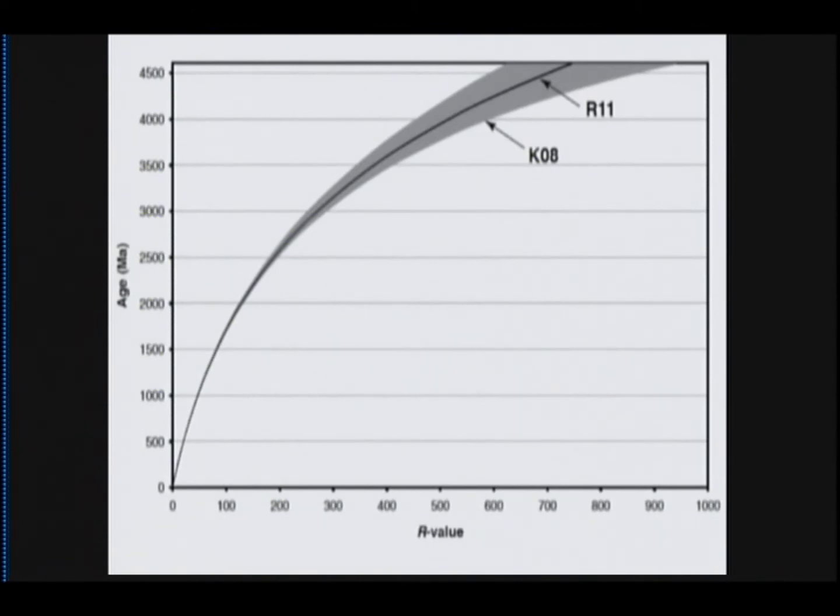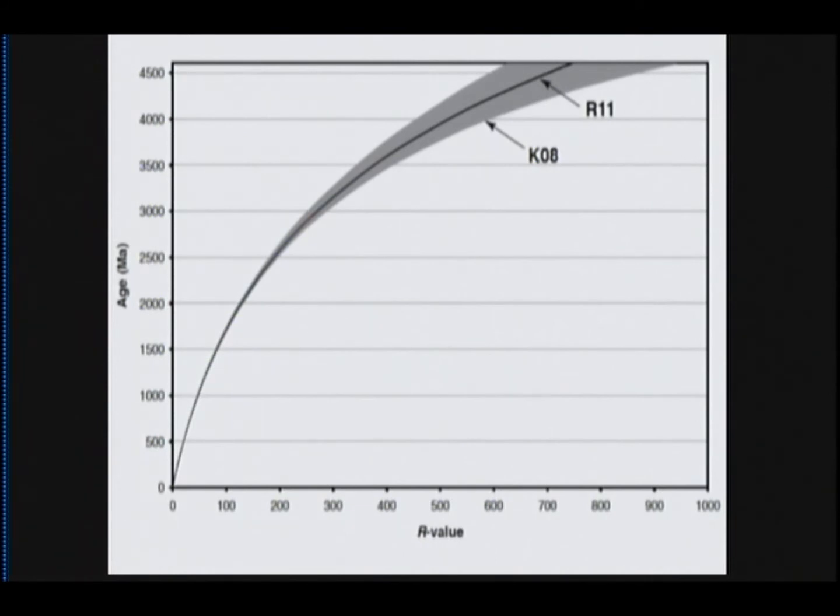Here then is a summary of the comparison between this orbital tuning or astronomical tuning calibration and the optimization approach, the more recent one. So this stands for Renne et al. 2011, Kuiper et al. 2008. And what I'm showing here is the age as a function of the R value.